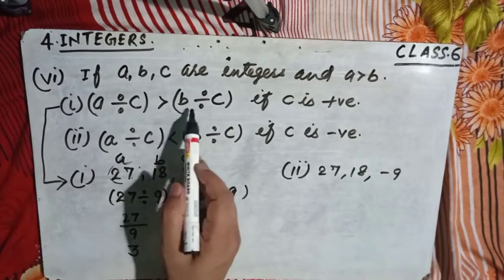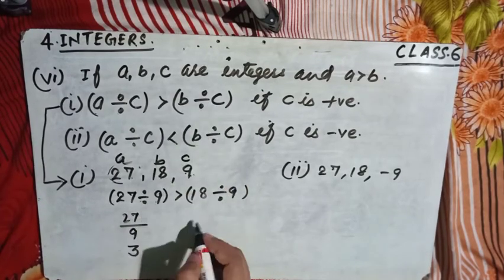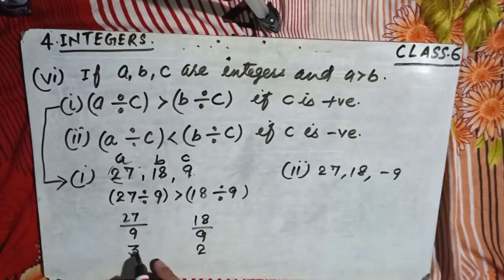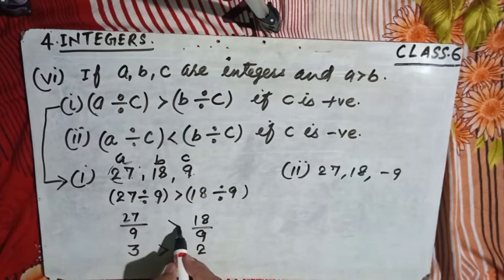Next b divided by c: 18 divided by 9 is 2. So have a look, 3 is greater than 2.